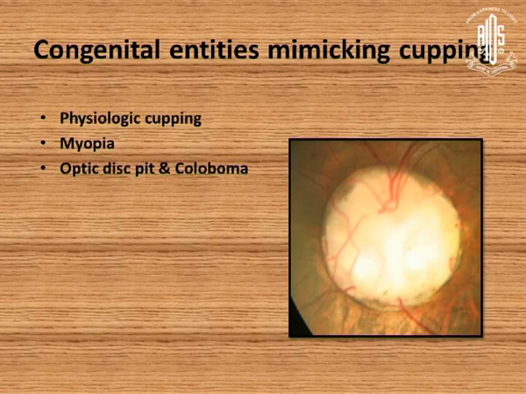This has been extensively covered, so there are congenital entities which can mimic cupping. However, they can be differentiated based on the visual acuity and the stability of the visual field.